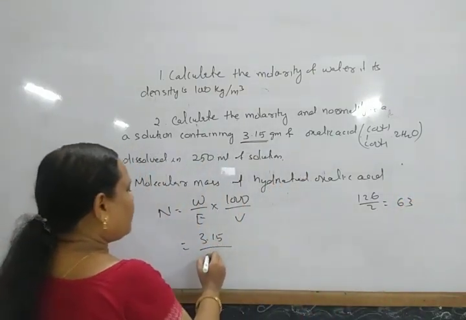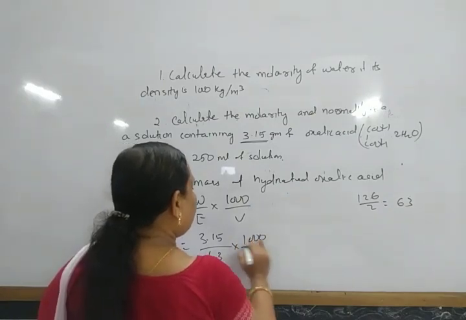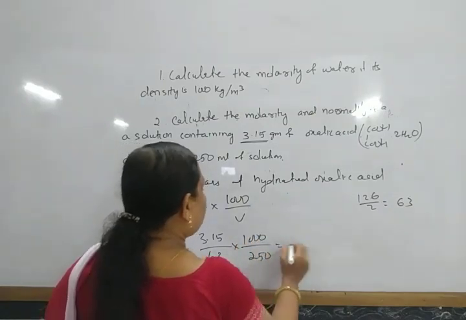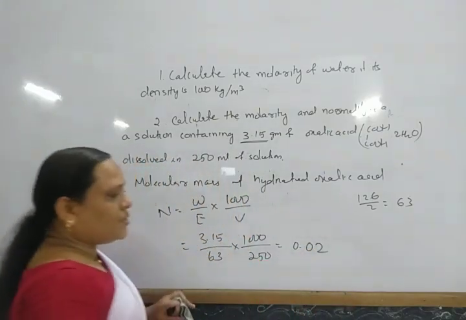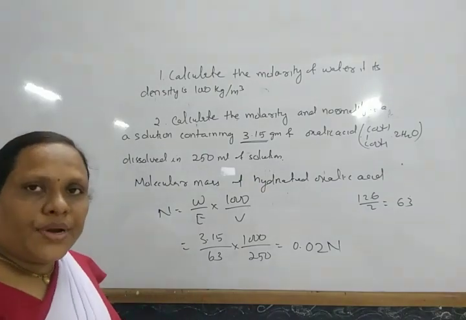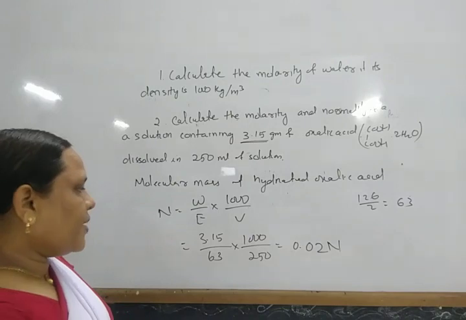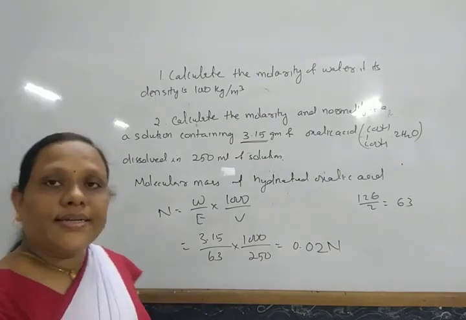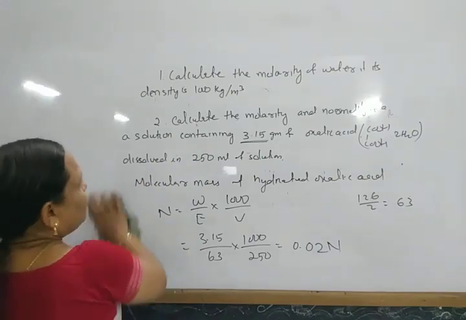So 3.15 by 63 into 1000 by 250, and here we find the answer 0.2 N. So the normality is 0.2 N and the molarity is 0.1 M. Next move to question number 1.